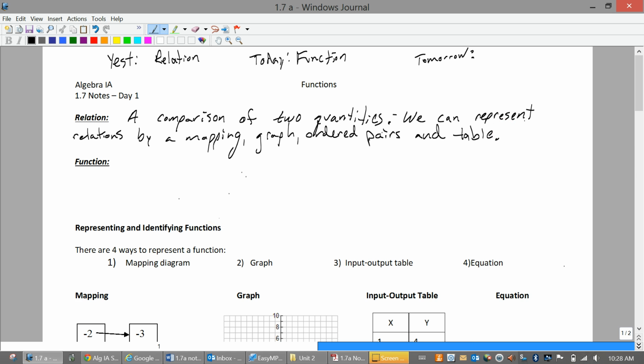A function is a special kind of relation, very special.